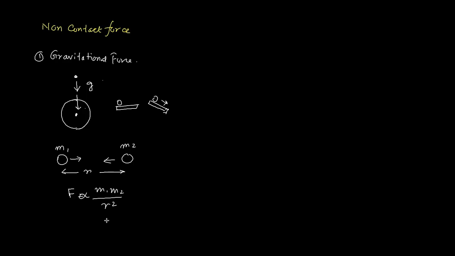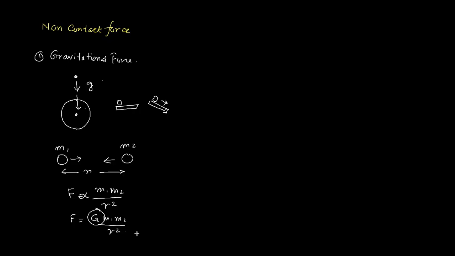That means it follows the inverse square law. So F is equal to G m1 m2 by r square. G is called the universal gravitational constant, which is also a constant we have in our syllabus for class 11 and 12. This is one criterion by which we can determine the gravitational force.